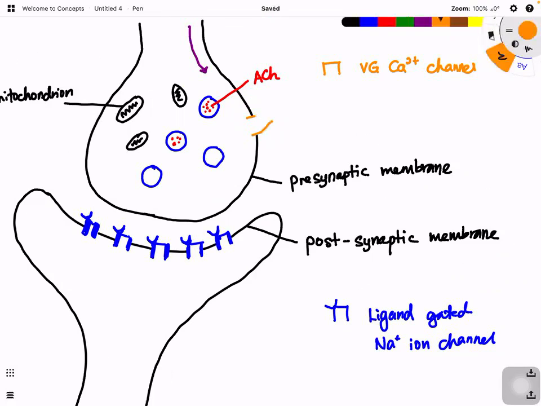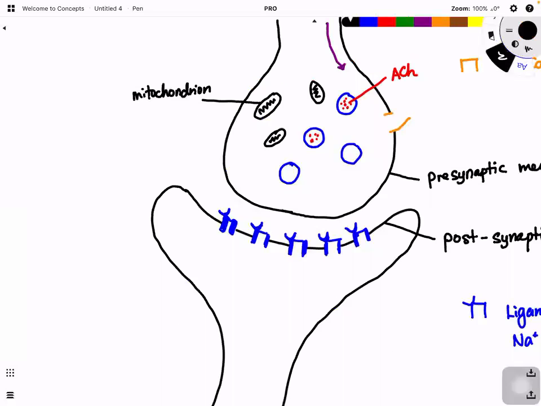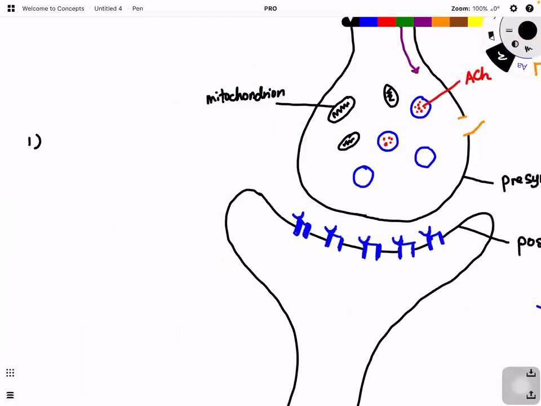So first step: arrival of the action potential causes the voltage-gated calcium ion channel to open.